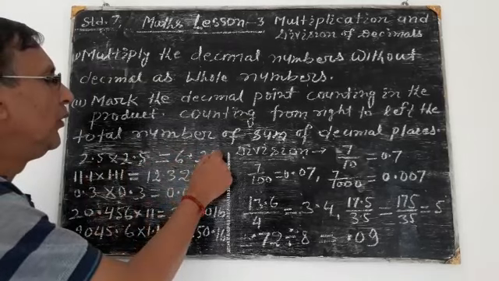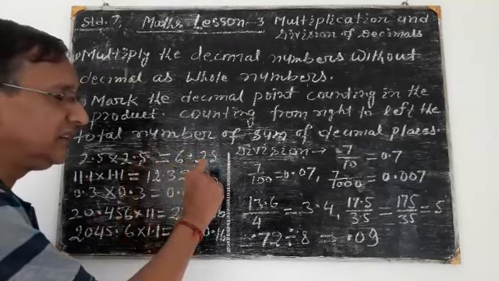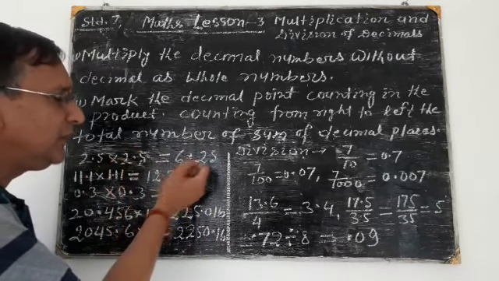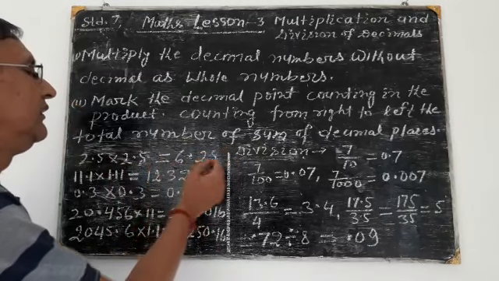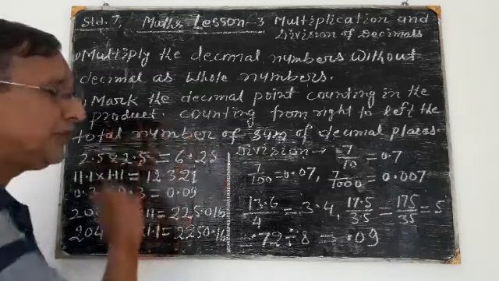Count the decimal places and put the point from right to left. So 2.5 into 2.5 is equal to 6.25.